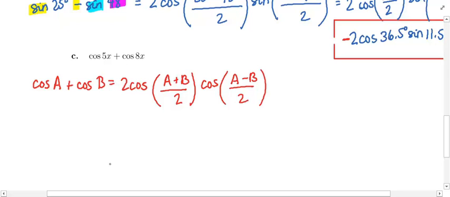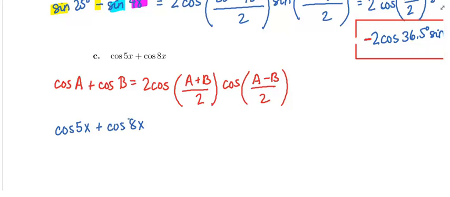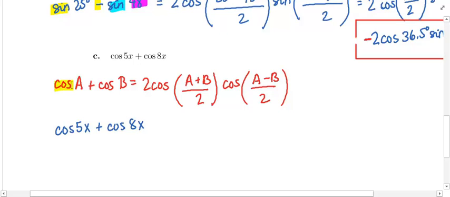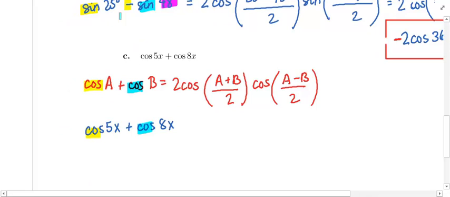On the left side, I'm comparing that to what I have, cosine of 5x plus cosine of 8x. These sum to product formulas generally match up really nicely with the identities themselves. I've got a cosine, a second cosine, and the plus sign in the middle. So here it's pretty obvious that A is 5x, B is 8x.